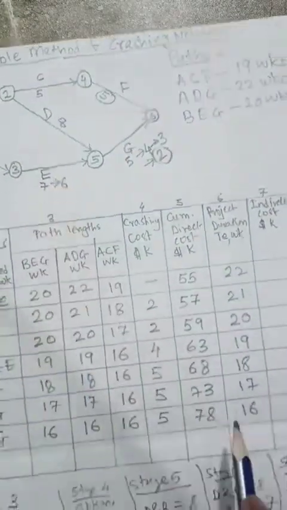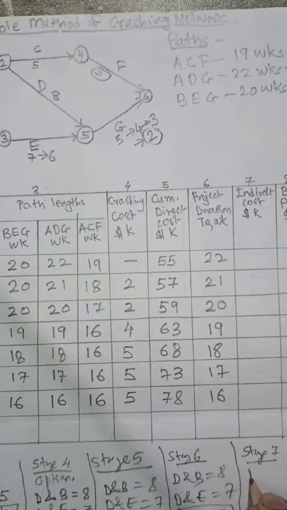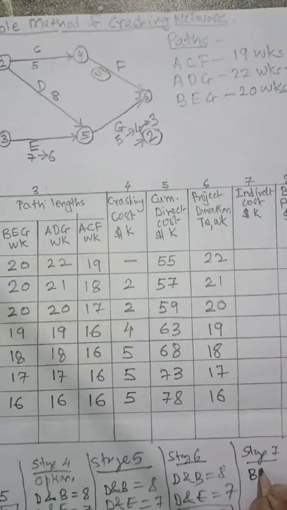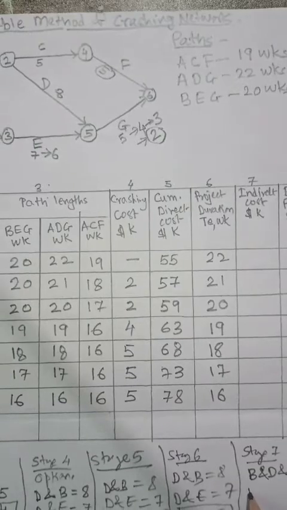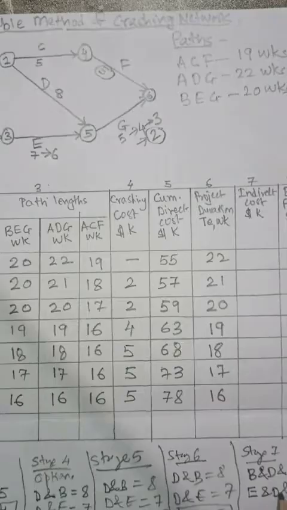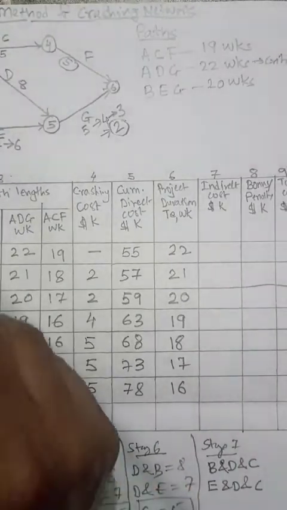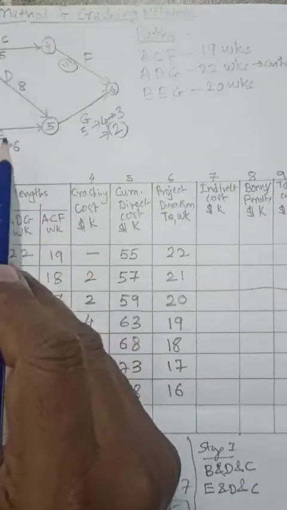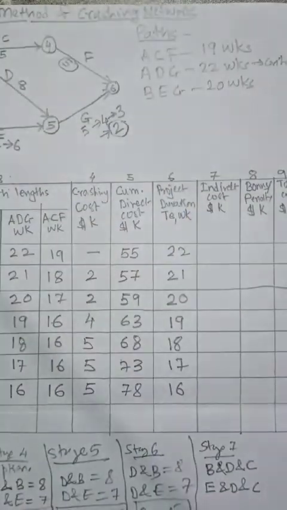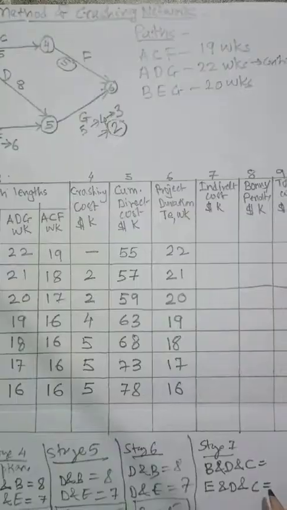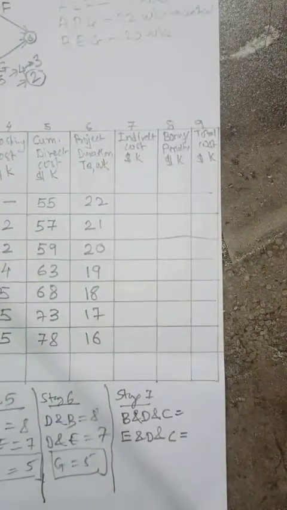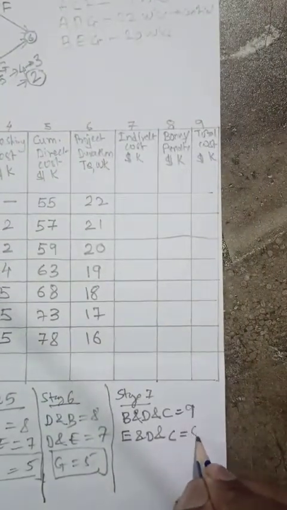So I have options: B and D and C, or E and D and C. These are the only two options I have, B, D, C or E, D, C. So the costs for both these are coming to 9 and 8.